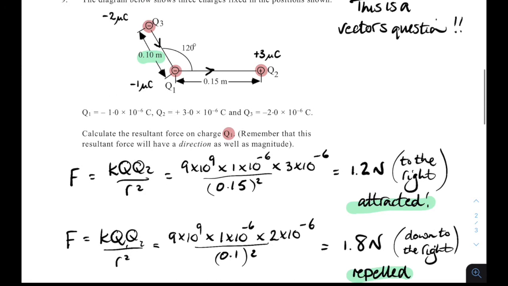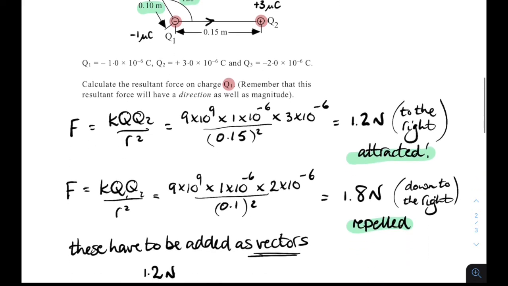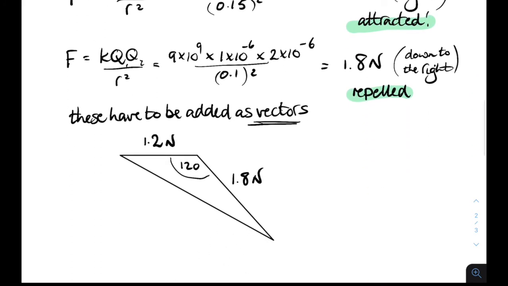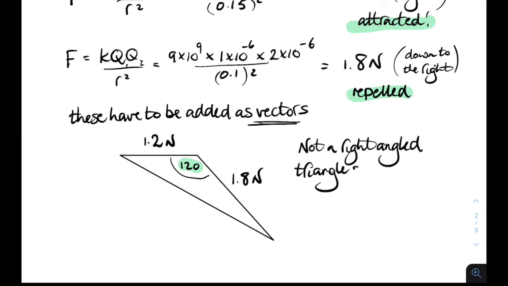It's 120 degrees. If we drew a little quadrilateral there, then those angles would be the same, 120. Now, this is where you might give up, because that's not a right-angled triangle. And if it's not a right-angled triangle, we need to use the cosine rule.